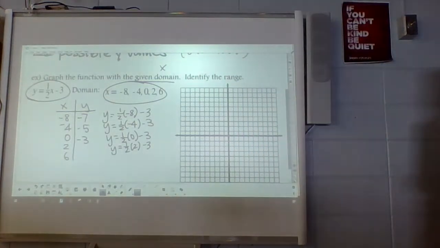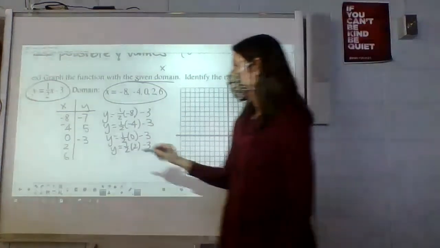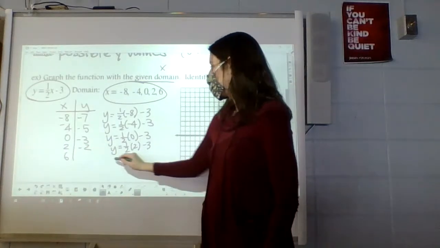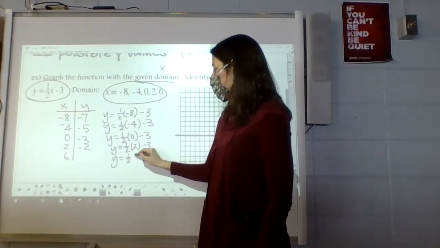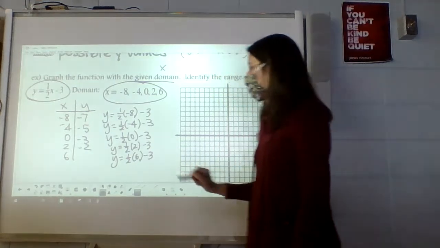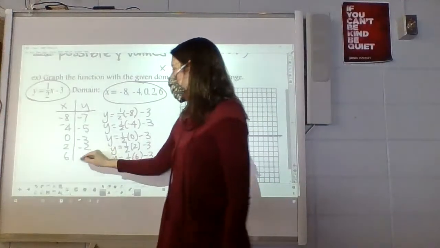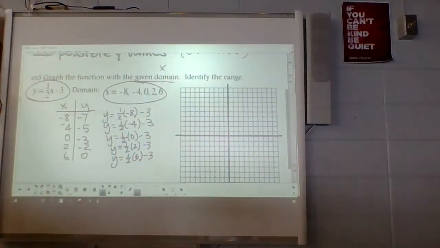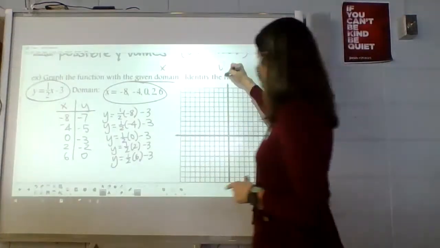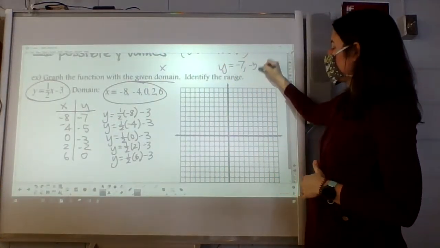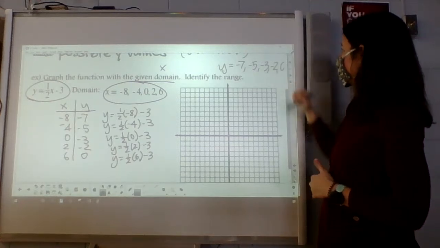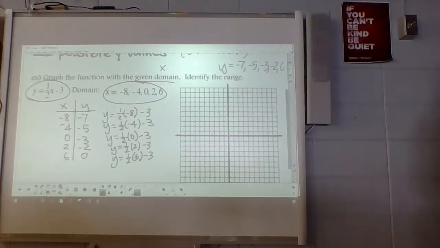Half of 2 is 1, minus 3 is -2. Half of 6 is 3, minus 3 is 0. So we found the range based off of our domain. So the range then would be all these y values. So in this case, the range would be -7, -5, -3, -2, 0. So it's just a fancy way to say what are the y values.